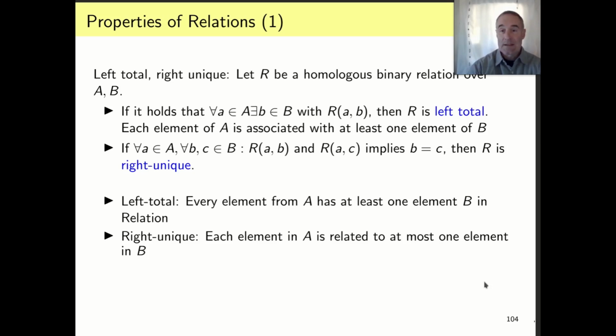If that's the case, then R is left total. For every argument a, there is some element b that holds in this relation. So every element of A is associated with at least one element of B.